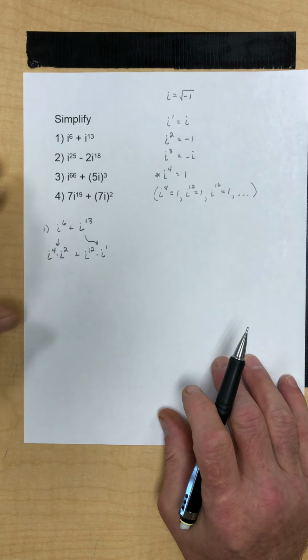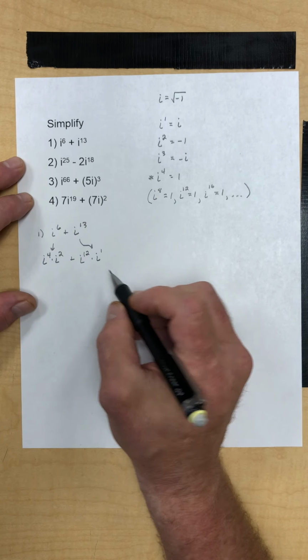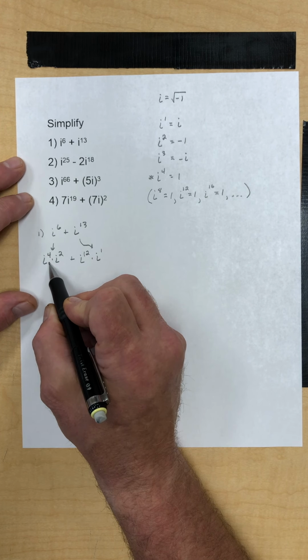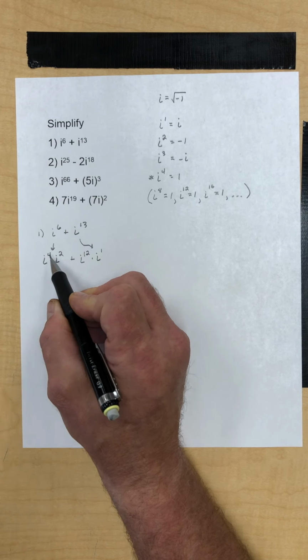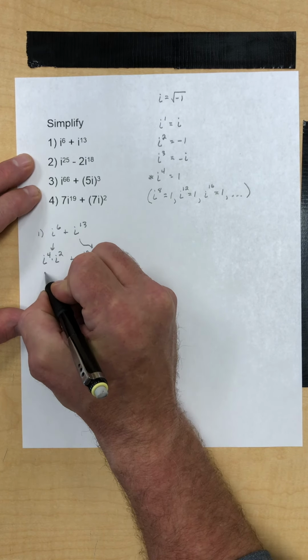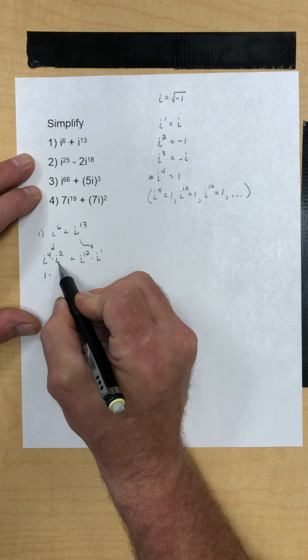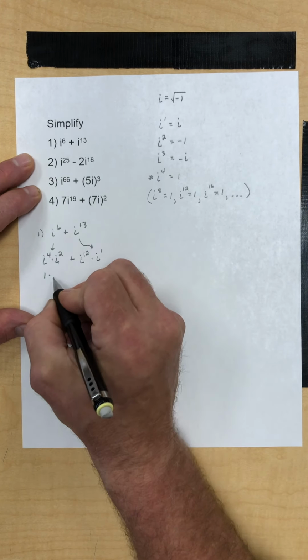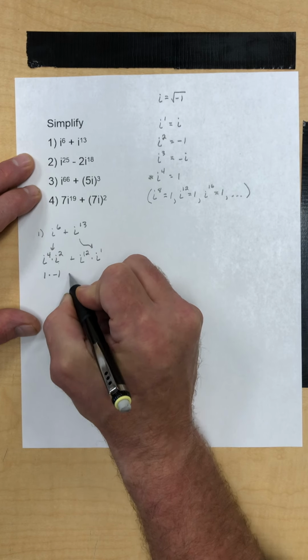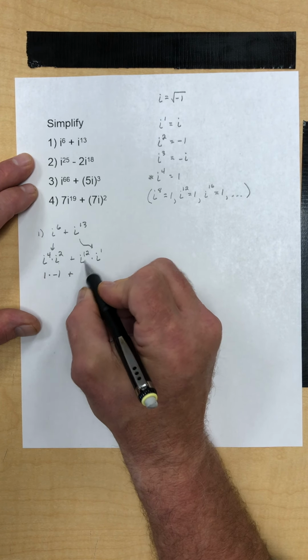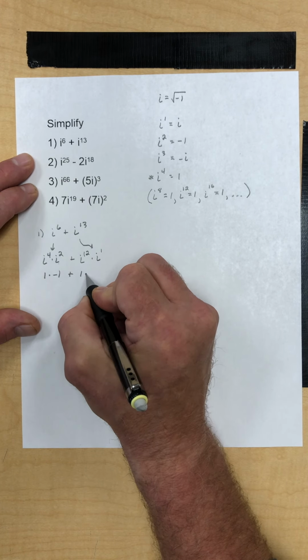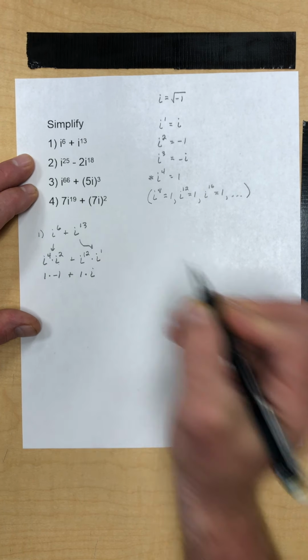All right, so let's see. Anytime you take i and raise it to a power that's a multiple of 4, you always get 1, so i to the 4th is 1 right there. i squared is -1, plus i to the 12th. Again, 12 is a multiple of 4, so i to the 12th is 1, times i to the 1st, which is just i.